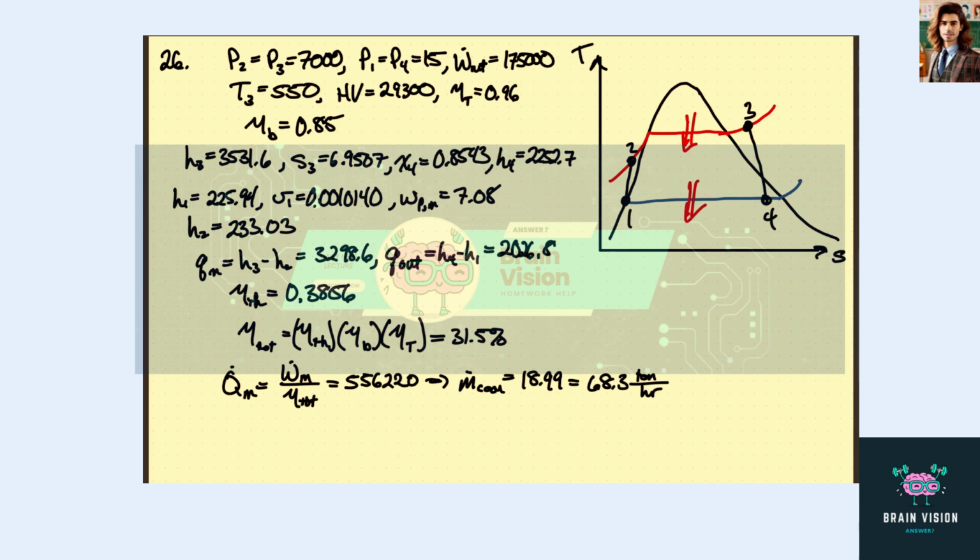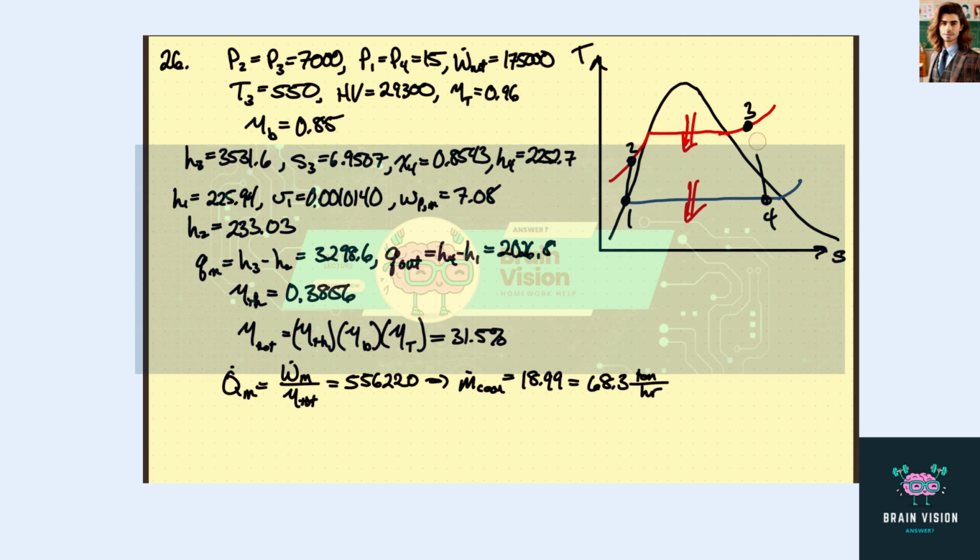We know pressure and temperature at 3, so we can get the enthalpy and the entropy at 3. This is actually an ideal case. I didn't draw this correctly.